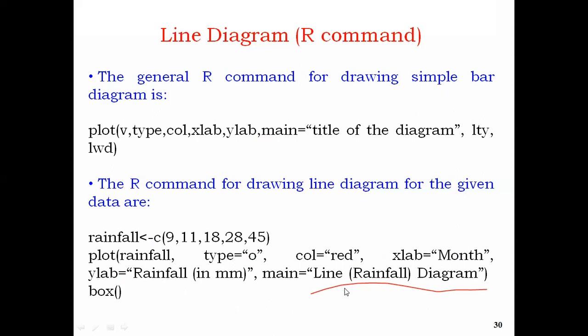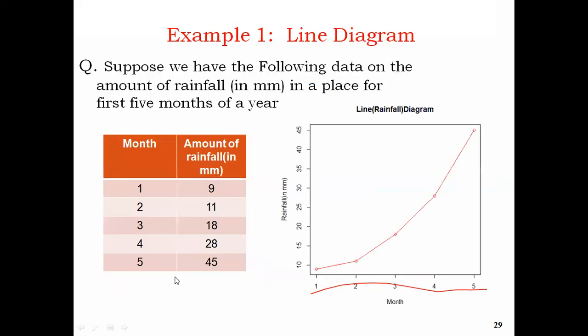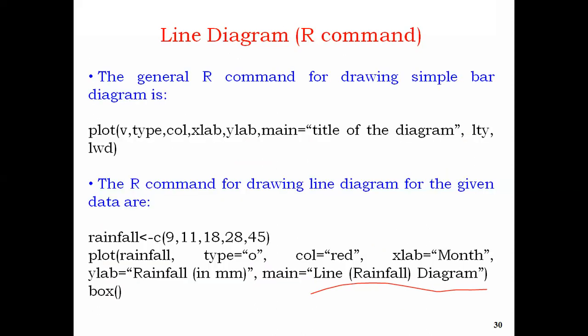Then main is line diagram, or within the bracket I'm writing here line rainfall diagram. It depends on you what name you want to give the diagram, so give it by yourself. Then I am giving box here, so the diagram is within the box. Okay, this is your line diagram. This is very simple.